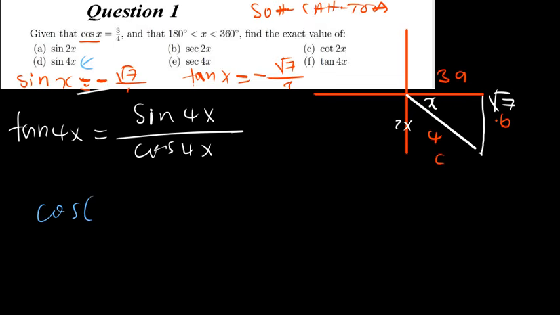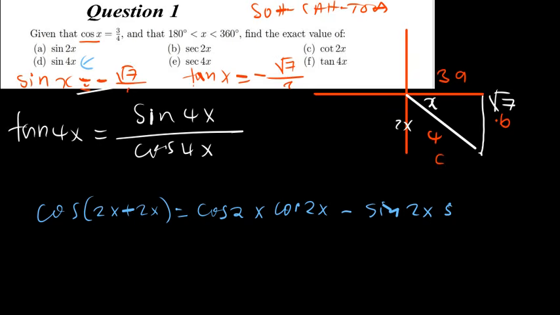So cos 4x, you have to do it like this. It will be cos of 2x plus 2x. It will go back and say we have cos 2x times cos 2x minus sine 2x times sine 2x. Not so?